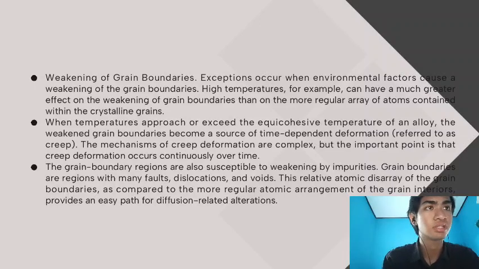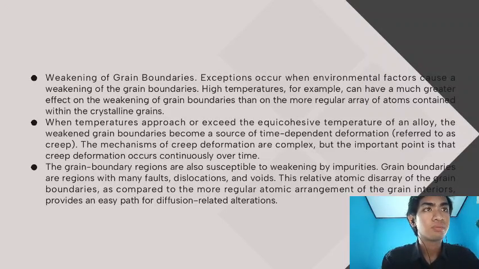This temperature is called the equicohesive temperature. Grain boundaries are stronger than the grains below the equicohesive temperature, while grains become stronger than the grain boundaries above the equicohesive temperature. The equicohesive temperature varies from alloy to alloy, but is typically about 0.4 to 0.5 times the melting point of the base metal in an alloy.